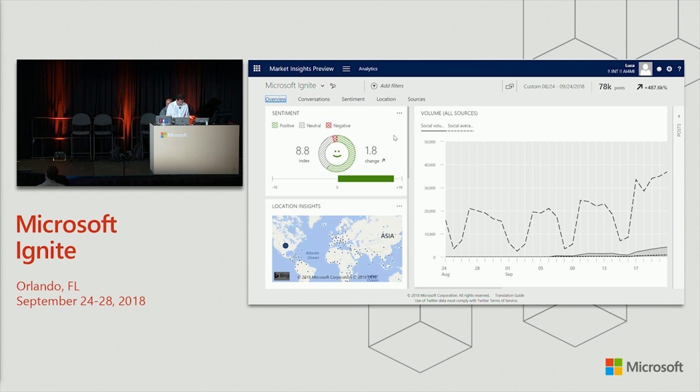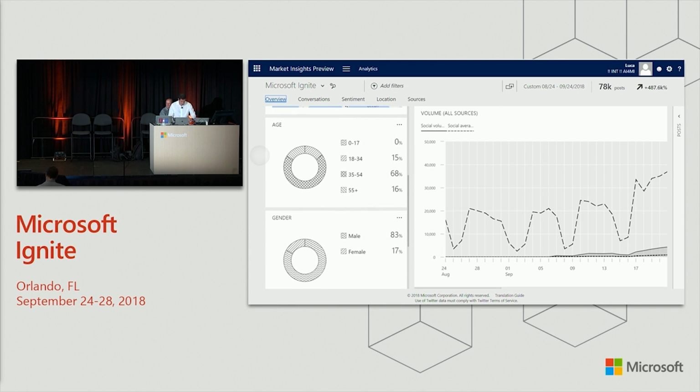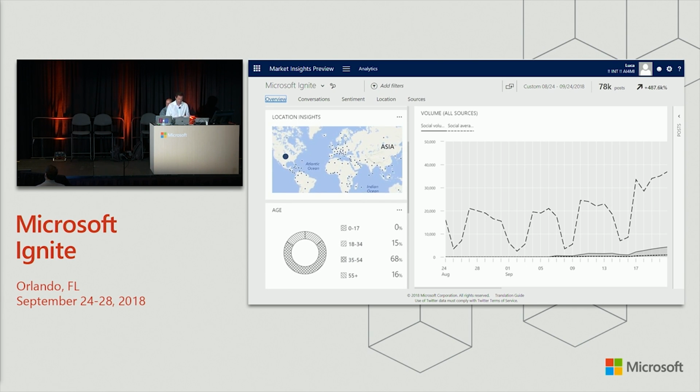We can also deduce and infer the age group and the gender of the people thanks to the machine learning model, so I'm able to understand what group the person belongs to. Again, I have a complete vision, not just of the content of the conversation and the tone of the conversation, but I can also understand a little bit more about the demographics here.